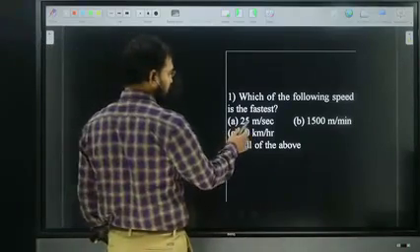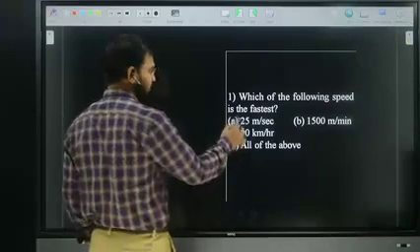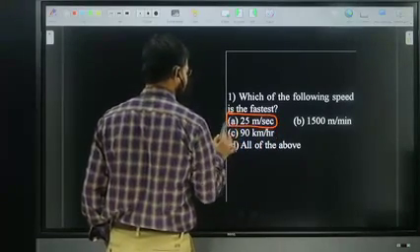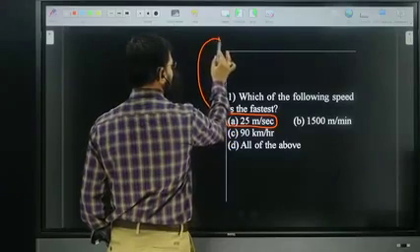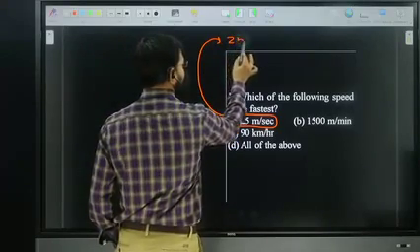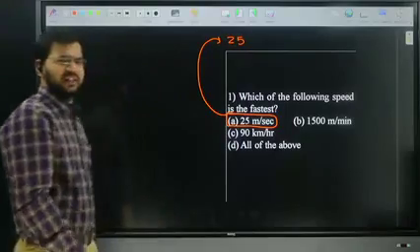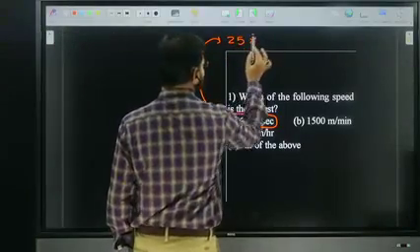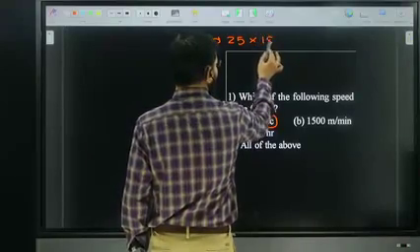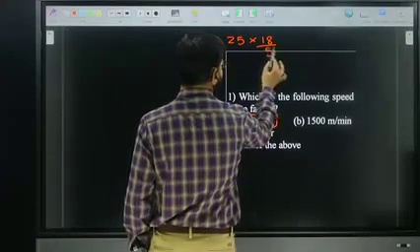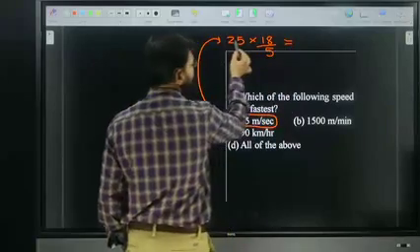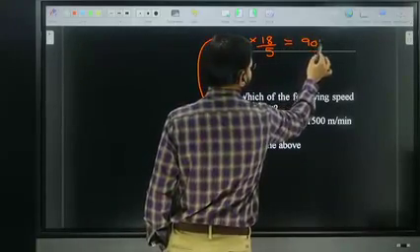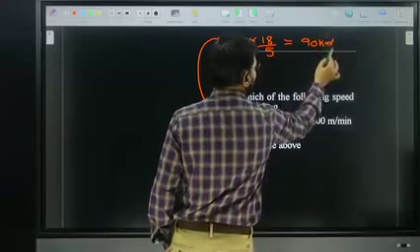If we convert this one, which is in meter per second, 25 meter per second, into kilometer per hour, we need to multiply it by 18 by 5. 5 5s are 25, 5 18s are 90. So this is also 90 kilometer per hour.